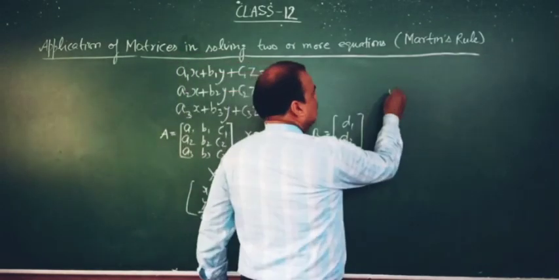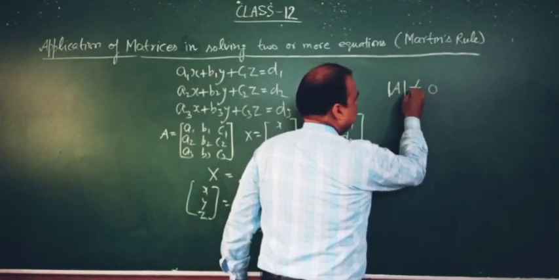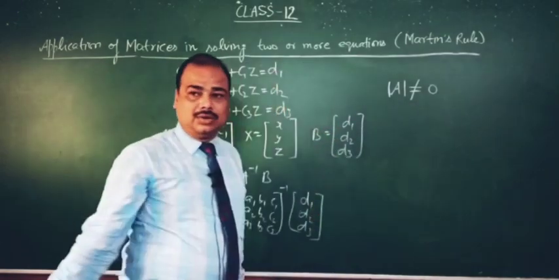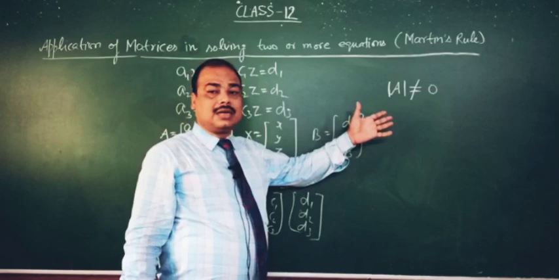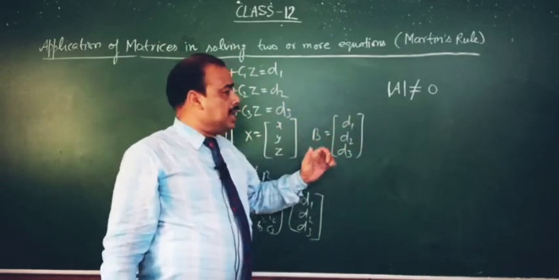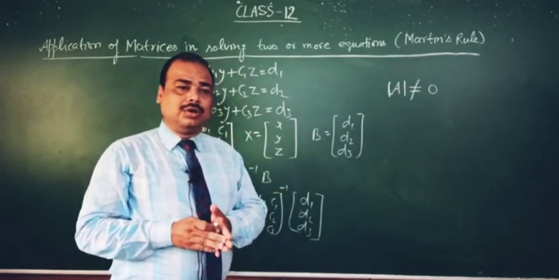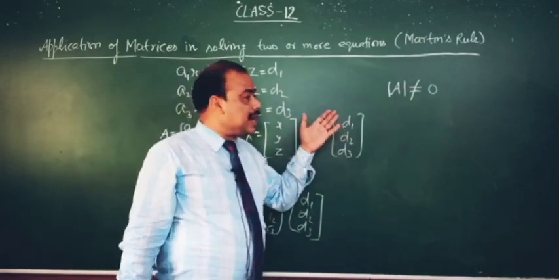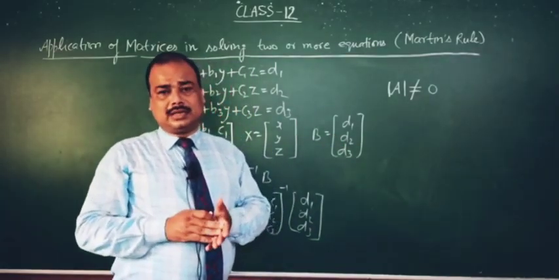So, if the determinant of A is not equal to 0, the system is consistent. It means the system will be consistent. If the determinant of A is 0, then the system can be consistent or inconsistent, both.